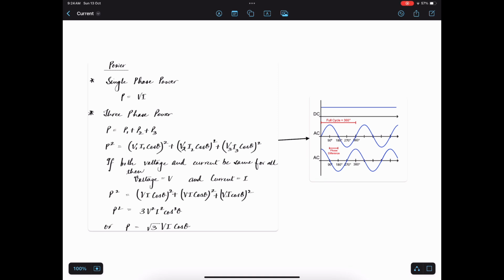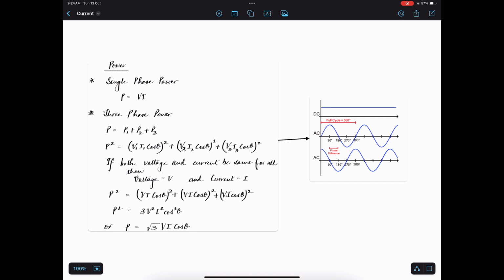Both of these waveforms have a phase difference of 90 degrees. Because in the first one, the waveform is coming to zero at 180 degrees, and in the second one, the waveform is coming to zero at 90 degrees only.